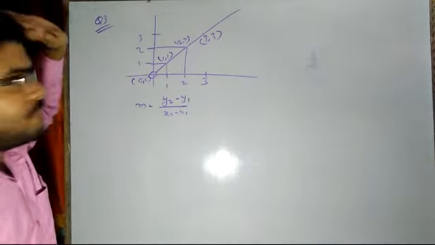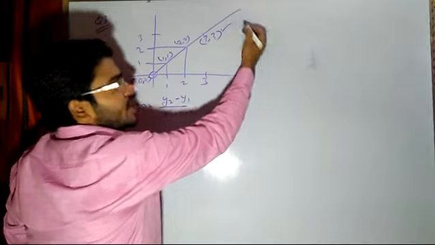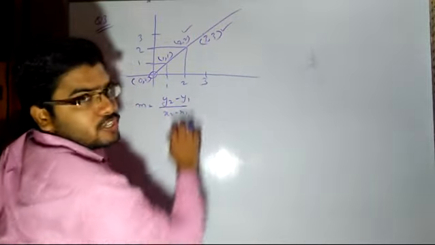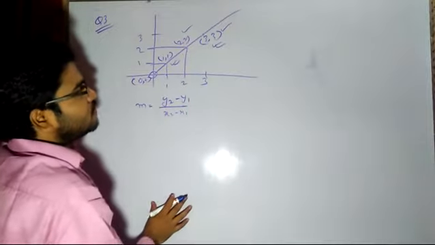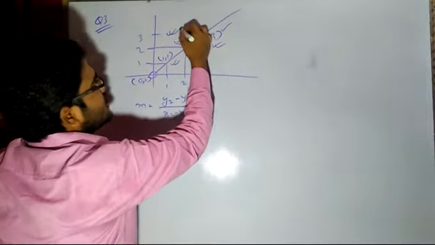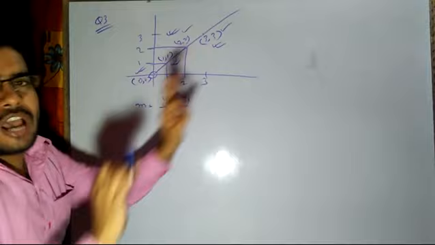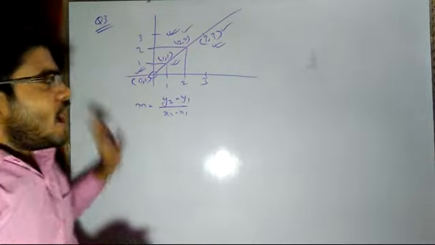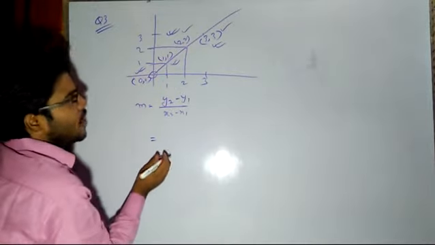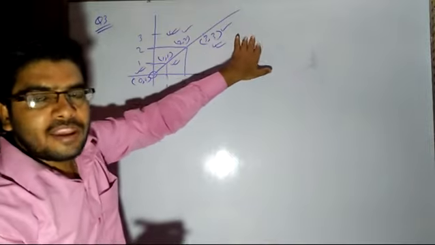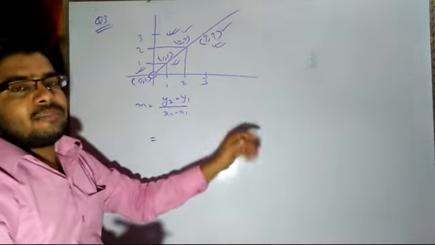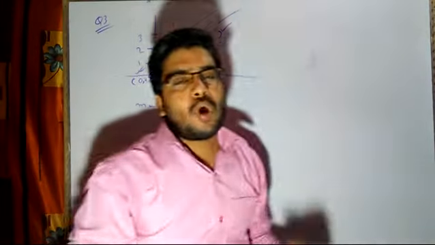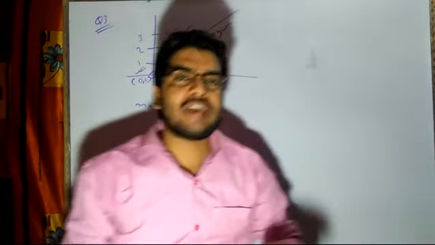Any two points you have to take on this line. Then you have to subtract the y coordinate with y and x coordinate with x. That means subtraction of ordinate with ordinate and abscissa with abscissa.